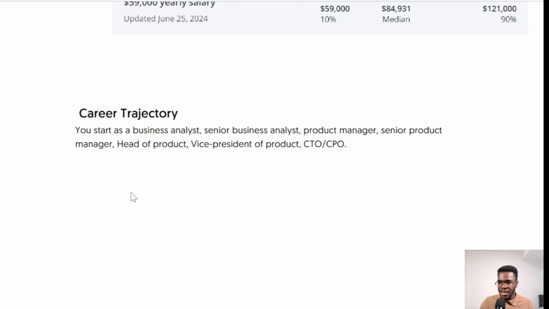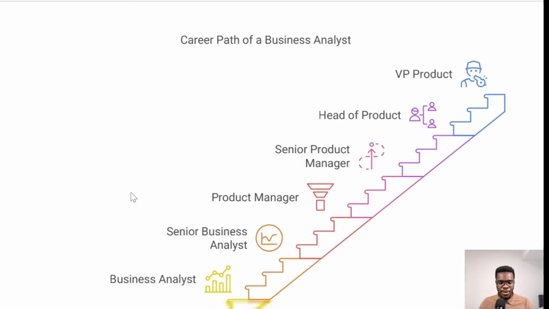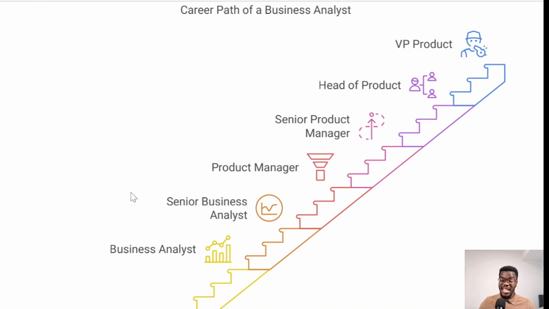What's the career trajectory? As a business analyst, you basically start as either an entry-level business analyst or just a business analyst, or a systems analyst, as some people would call it. From there, you go on to become a senior business analyst. From there, depending on the organization, they could put you as product, project, or program manager.